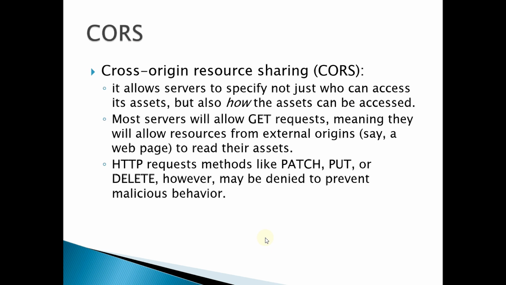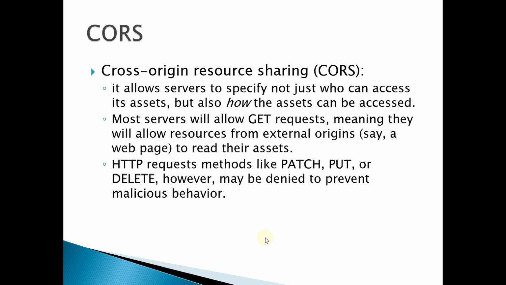It allows servers to specify not just who can access its assets, but also how the assets can be accessed. Most servers will allow GET requests. They will provide all access information, for example a list of employees, a list of receipts, a list of orders. These are all GET requests. So mostly servers provide GET requests without any CORS definition.